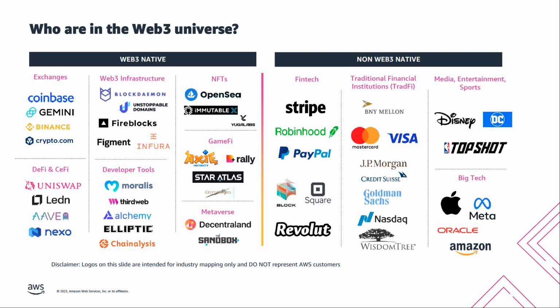But there are some companies which are non-Web 3 native, maybe Visa, PayPal, and Mastercard. Although they are not born on blockchain technology, they are actively adding blockchain technology into their strategies and research.